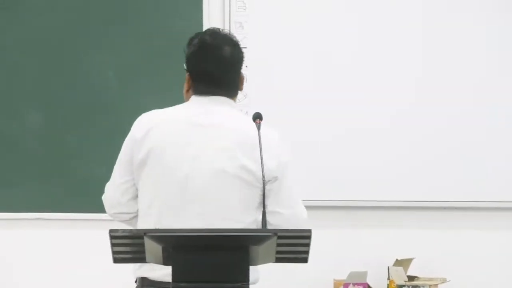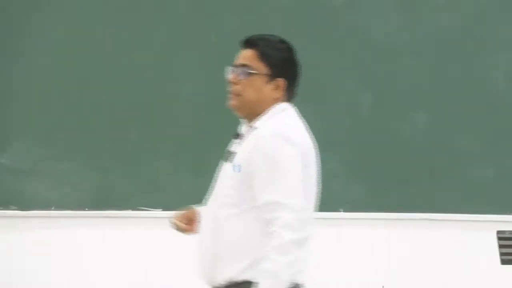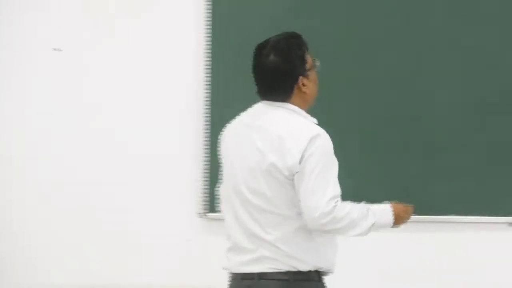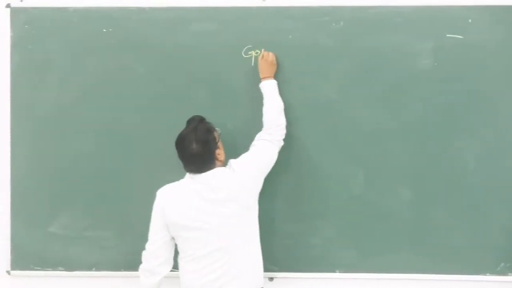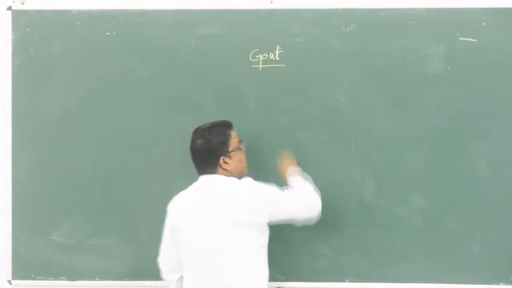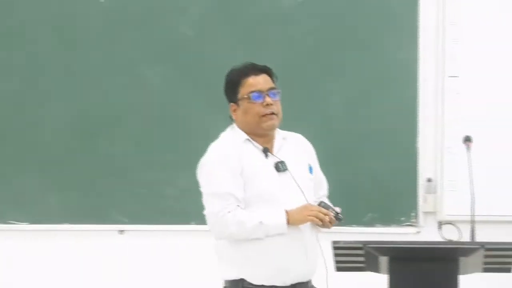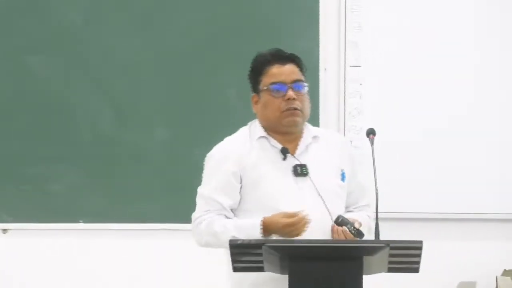So as you already know, the primary defect of purine metabolism is gout. So I will tell some salient features related to gout, then we discuss pyrimidine metabolism.